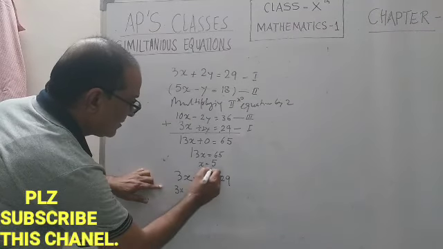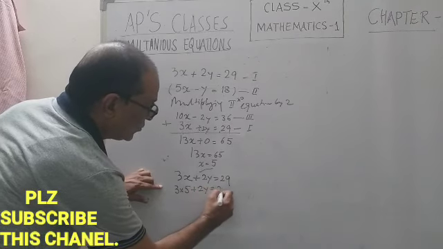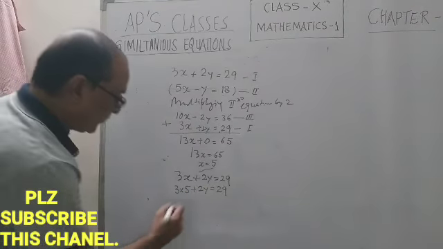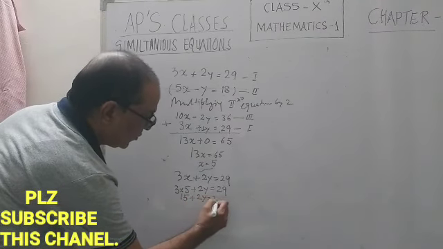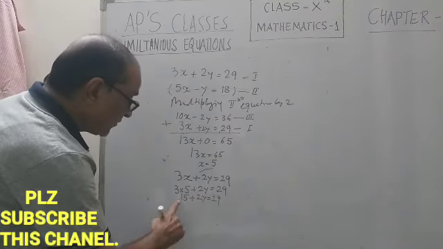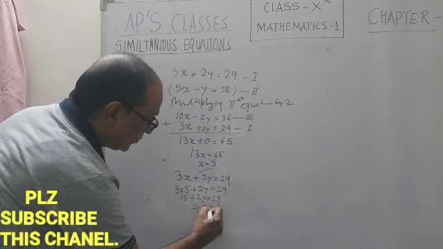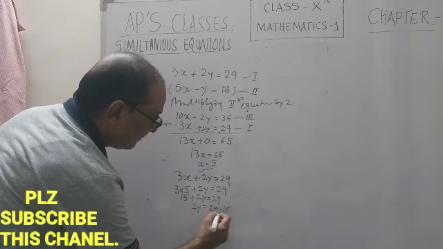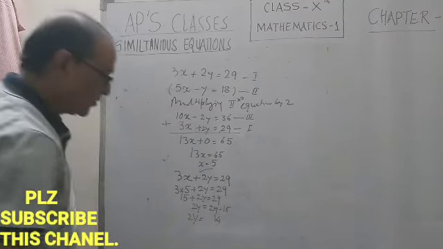3x, x means 5, plus 2y is equal to 29. Here 15 plus 2y is equal to 29. If I transfer this 15, 2y is equal to 29 minus 15, that is 14. So 2y is equal to 14.